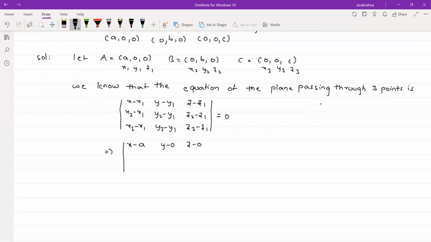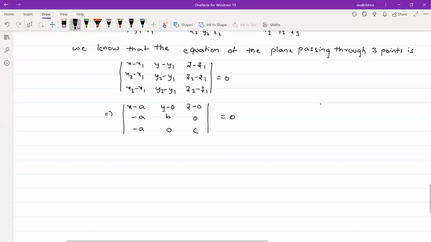Next x2 minus x1, so 0 minus a means minus a, y2 minus y1 means b minus 0 gives b, z2 minus z1 gives 0. And next x3 minus x1, so 0 minus a once again gives minus a, y3 minus y1, so 0 minus 0 means 0, and z3 minus z1, c minus 0 means c, is equal to 0.